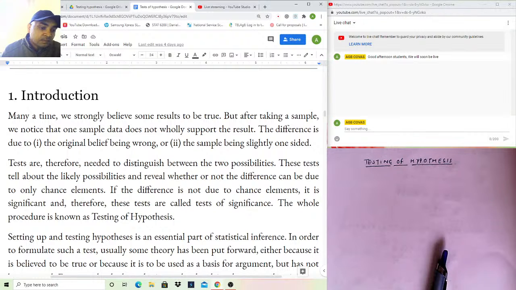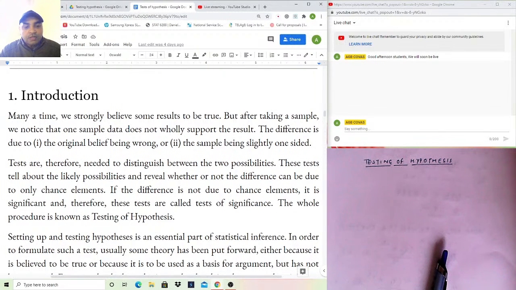So why might this happen? It might happen because it is possible that my assumption, my hypothesis or my original belief was wrong. Actually, the farmers' herd was producing better milk as compared to our LRC milk. Or the other way around, this may arise due to the sample being slightly one-sided. I might have selected those buffaloes from the LRC that give lesser milk, and those producing higher milk from the village sample.